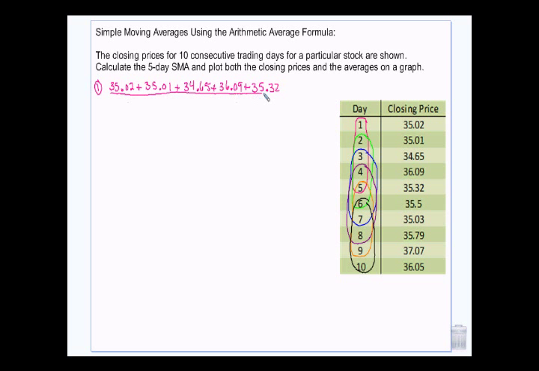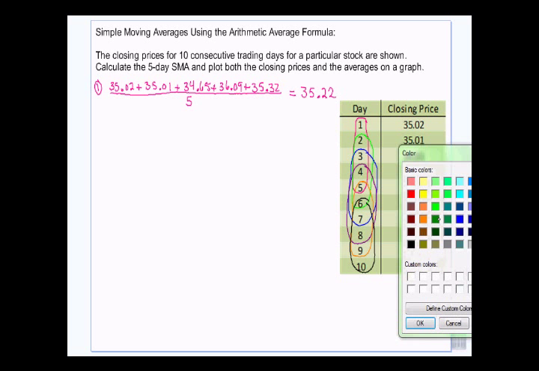And then because I added 5 days, I divide by 5. And that gives me 35.22. Then my next set was green, but I'm going to use a different green because that green is not going to show up very well.